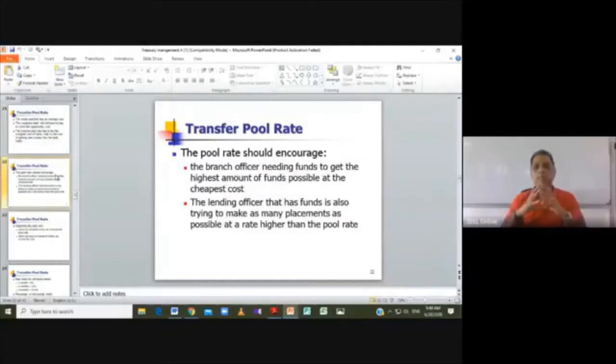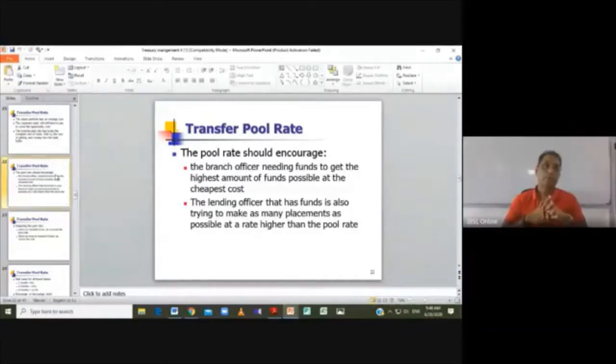So when you set the pool rate, it should encourage the branch manager to get money deposited at the best possible rate for the bank, and it would help the lending person to lend money out at the best possible rate for the bank. Remember, it doesn't work perfectly like that. Right now, for example, say today interest rates are very low, at 7% for deposits.